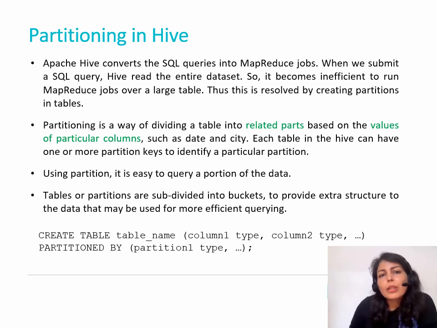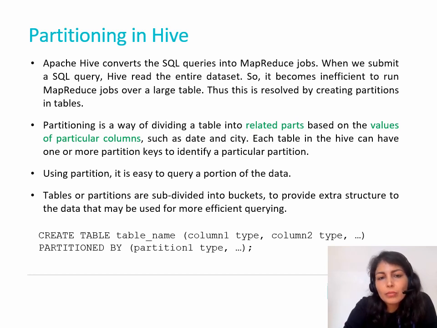Instead of running MapReduce jobs over a large table, it's better to divide the table into some related parts based on the value of some particular columns, and then run these MapReduce jobs on smaller partitions instead of running on a big table. So it would be more efficient and much faster. Partitioning is easy to query and it's faster.